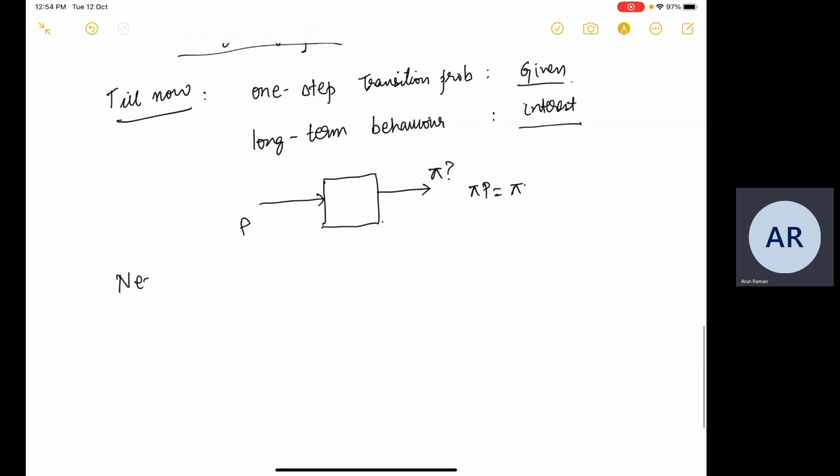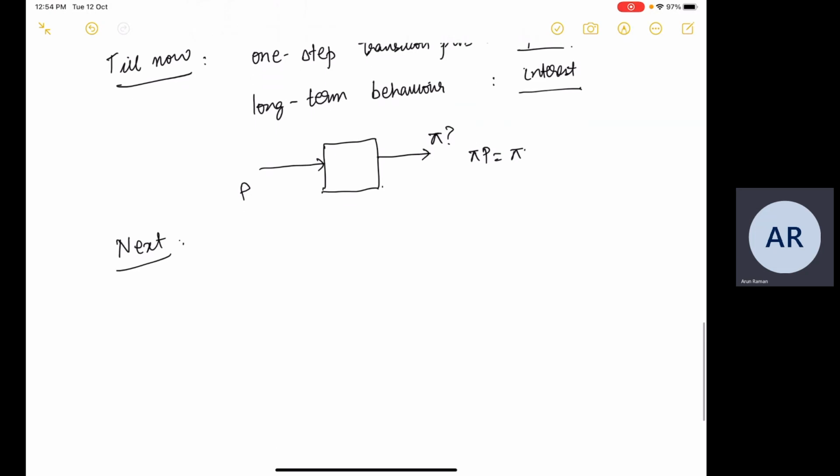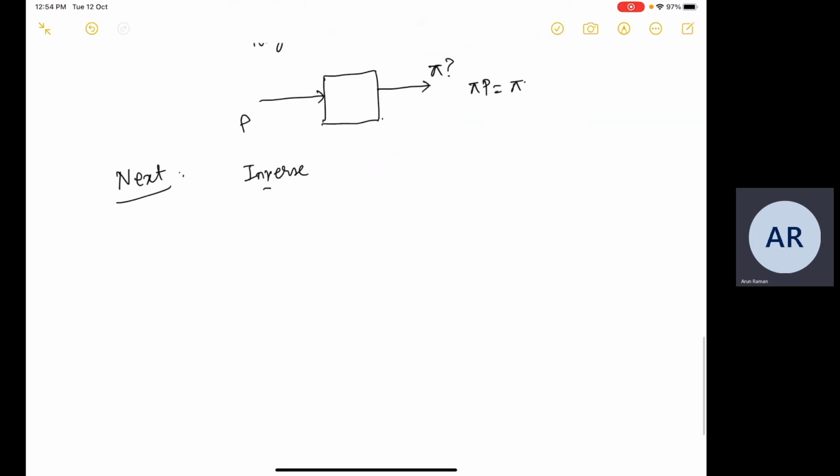Next, more specifically today, we are interested in the inverse analysis. This is not a technical term; inverse in the sense of the English language.